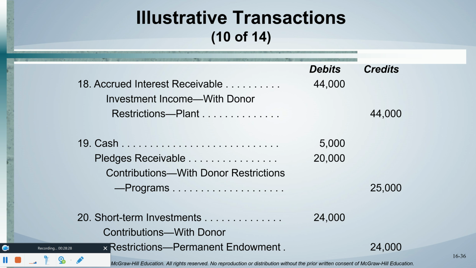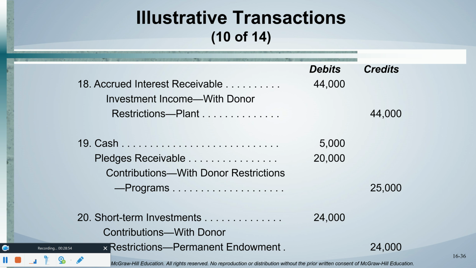Journal entry 19, we are basically receiving contributions. $5,000 of the contribution came in the form of cash, and $20,000 came in the form of an unconditional pledge, unconditional promise to give. Journal entry 20, we received a contribution that came with a permanent restriction, and it did not come in the form of cash.